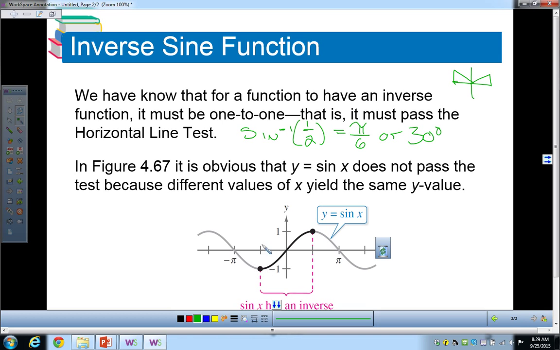They only take the sine function from negative pi over 2 to pi over 2. If I look at the sine function between negative pi over 2 and pi over 2, I get all the values that sine can give you back, from -1, because sine is -1 at negative pi over 2, to positive 1 when x is pi over 2. So they restrict the domain of the original function so that the range of the inverse function only has one answer. You get it? Okay?